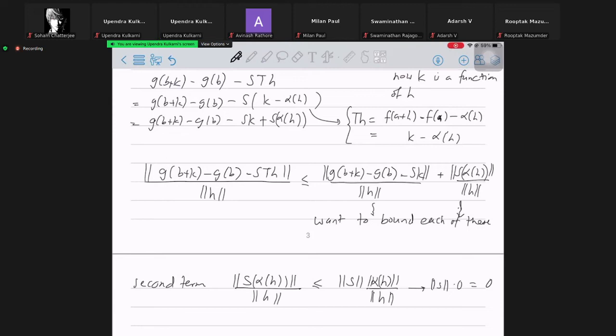So couldn't we just do this by putting... Sorry, say that again, please. Couldn't we just do this by putting the scalar norm of h inside the norm of S alpha h, because it's a scalar, and then inside S because it's a linear map?